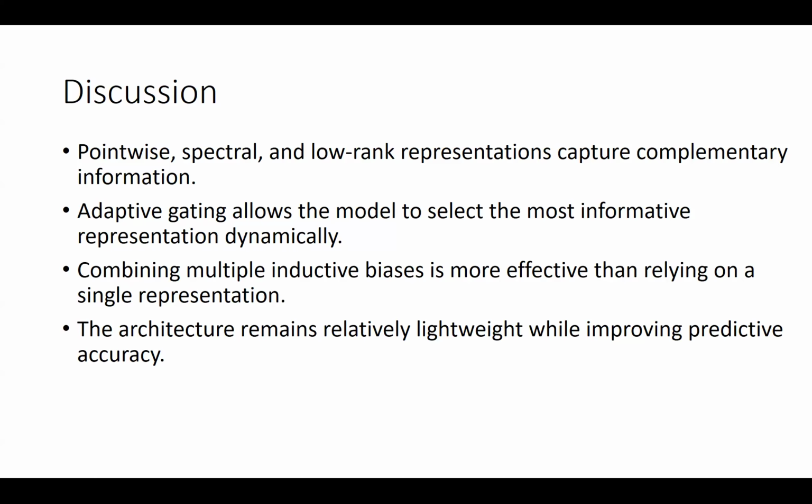Furthermore, we have shown that combining multiple explicit inductive biases is vastly more effective than simply increasing the depth or width of a single representation network like an MLP. Because we rely heavily on LoRA matrix factorization and compact Chebyshev coefficient vectors, the entire architecture remains relatively lightweight.